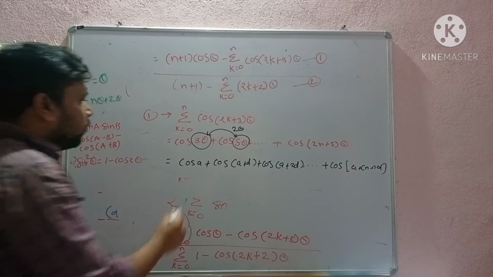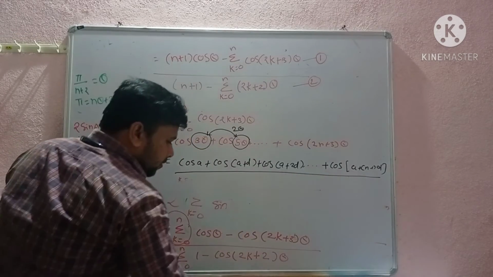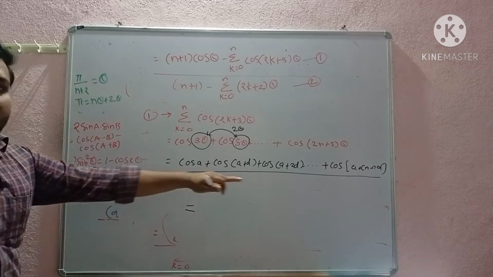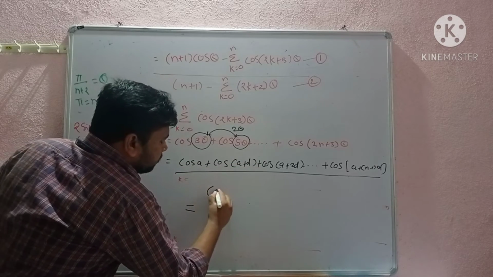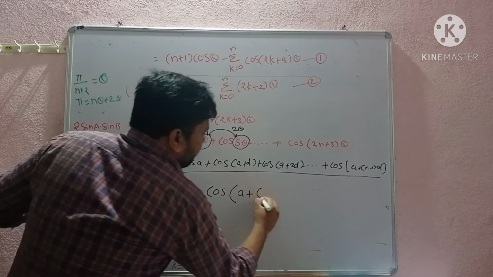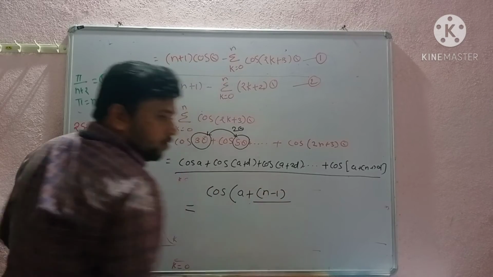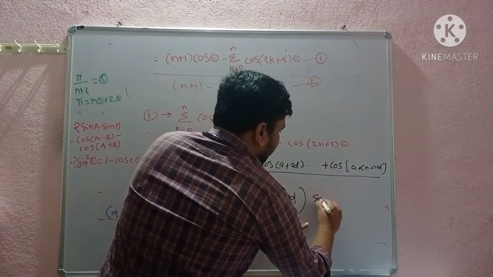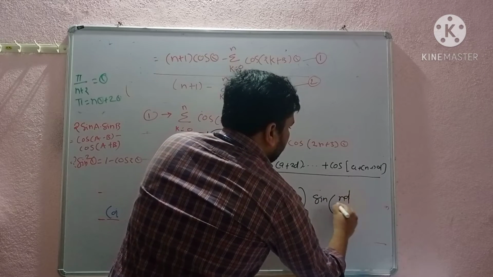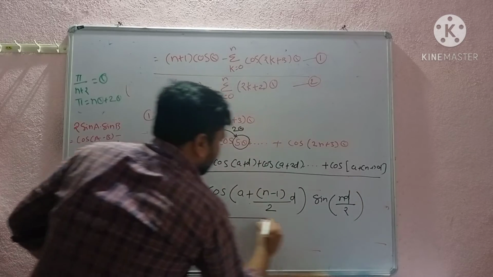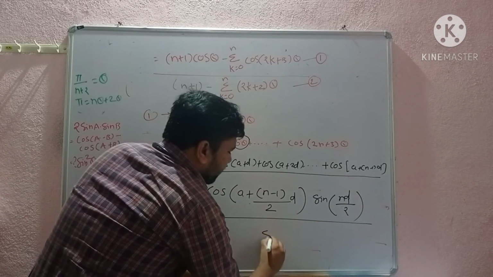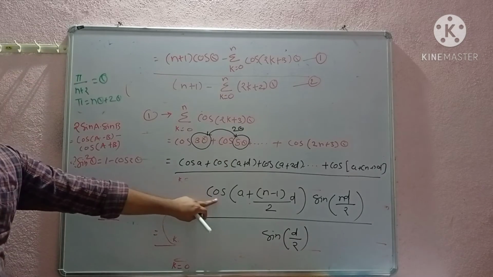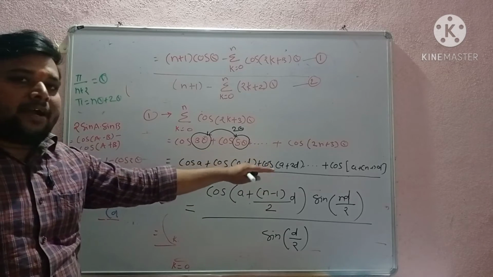The general formula for solving this kind of equation is: the sum equals cos of (a plus (n minus 1) upon 2 into d) into sin (n d upon 2), divided by sin (d upon 2). So this is the formula for solving this kind of expression.